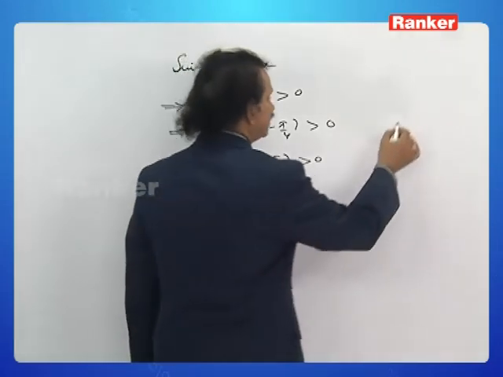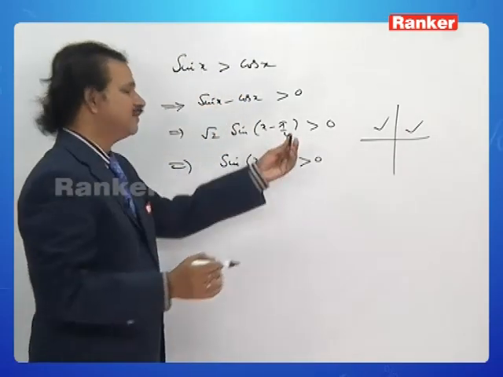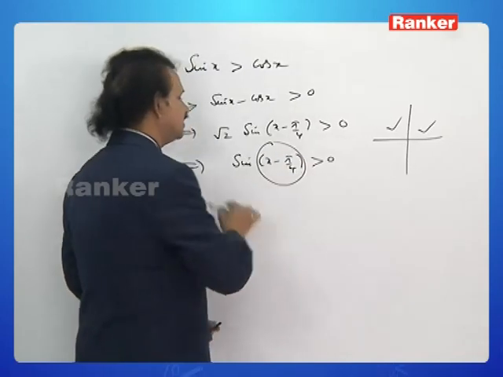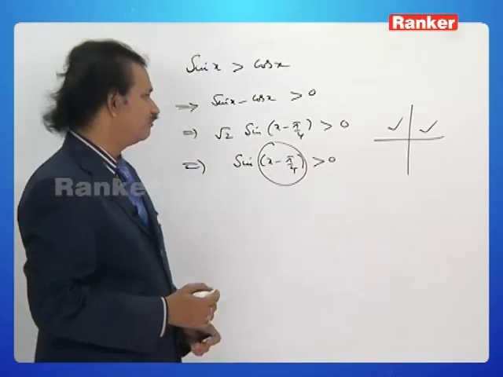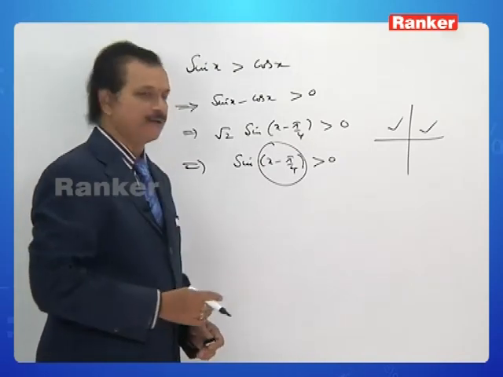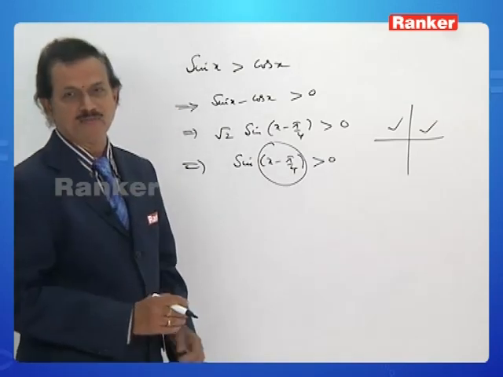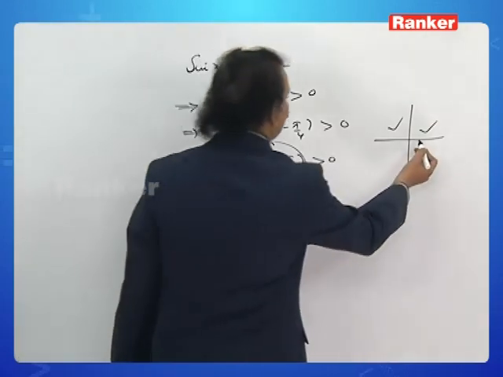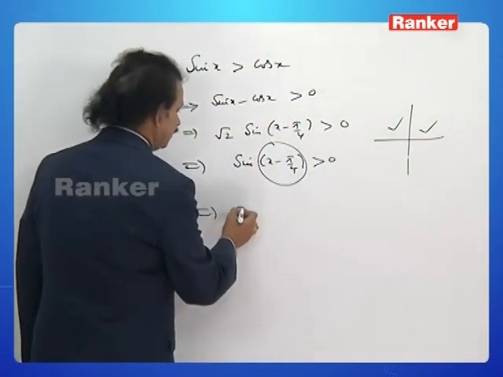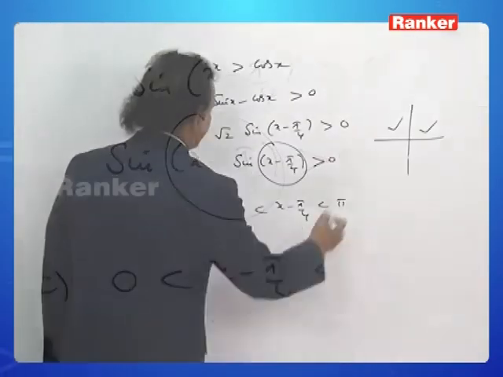Sin theta is positive, therefore where should it lie? Either in the first quadrant or in the second quadrant. What is theta under consideration? It is x minus pi by 4. Sin theta must be greater than 0, so theta should lie between 0 and pi. Am I right? So, 0 less than x minus pi by 4 less than pi.